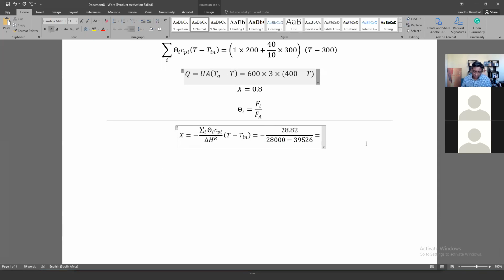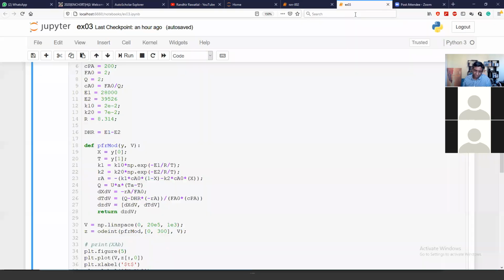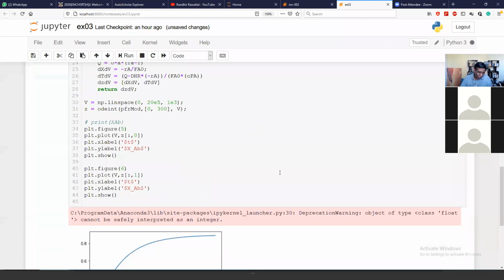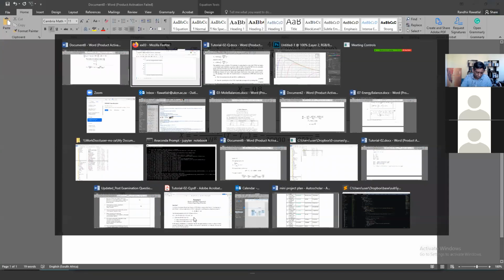Let's take out our big machine gun to work out that simple thing. Let's use Python to calculate this, so minus 28.82 divided by 28,000 minus 39526.